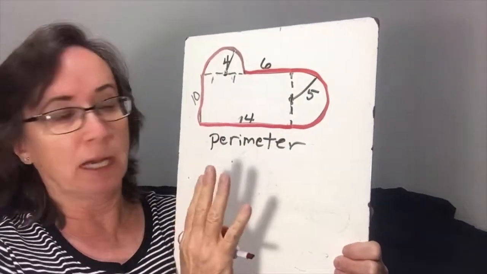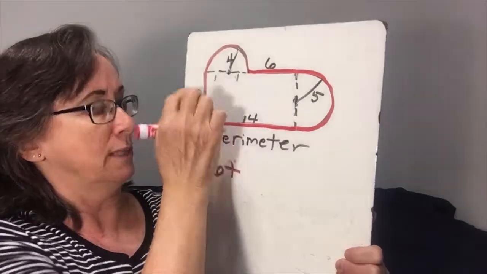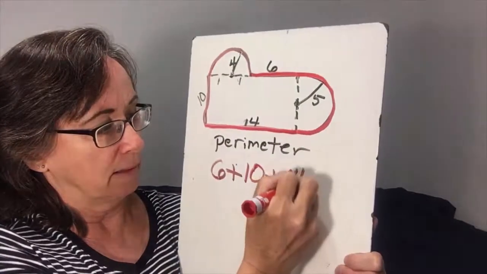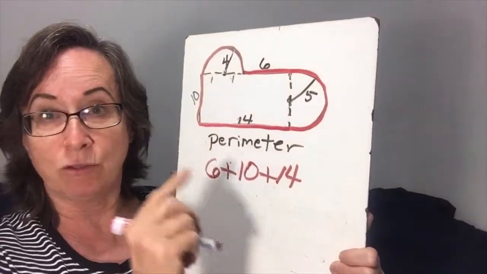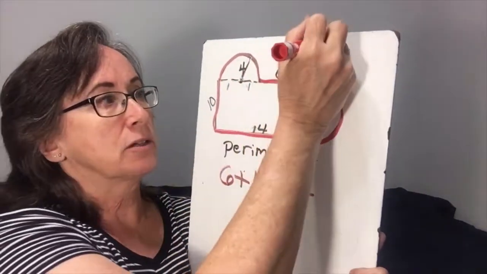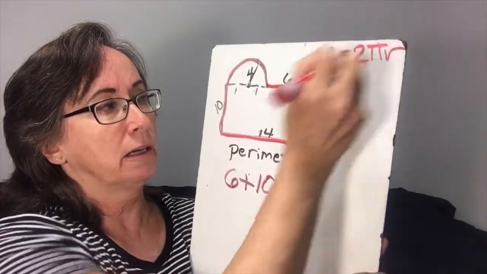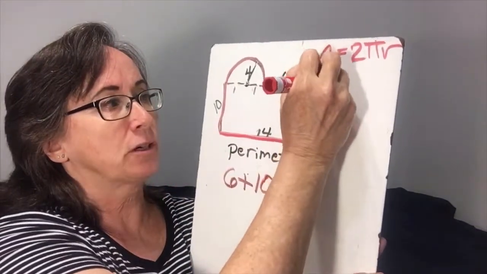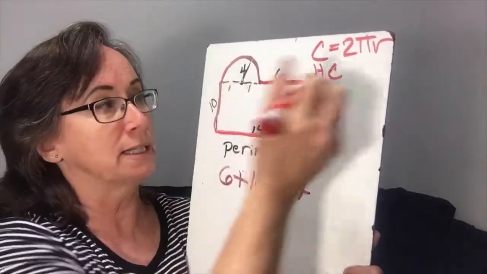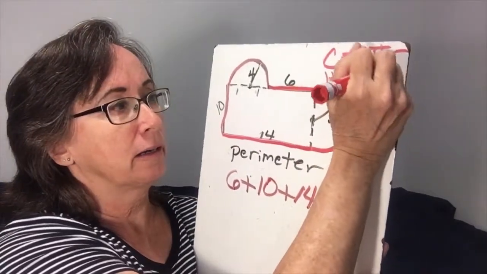So let's see what we know. We know the 6. We know the 10. We know the 14. Okay, we know how to find the half circle because the circumference is 2 pi r. The half circle, we'll call it HC, the half circle circumference is going to be half of that, so pi r.